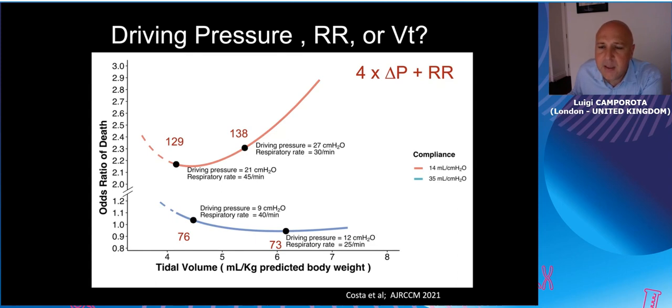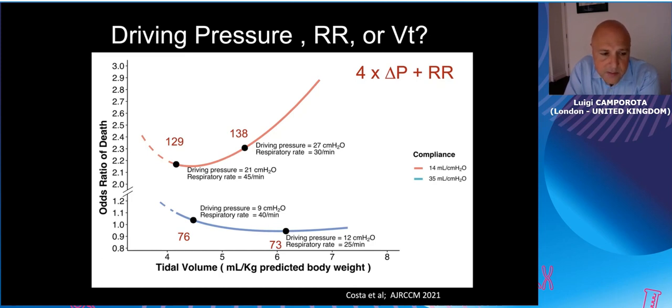That number goes up from 129 to 138. And with that number goes up also the odds ratio of death. So these are the patients with low compliance. Whereas in patients with high compliance, the increase in tidal volume and the increase in driving pressure will actually decrease that particular number from 76 to 73.